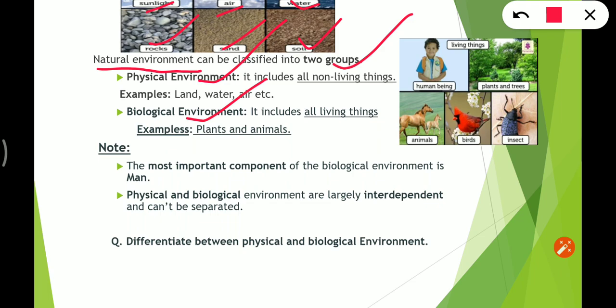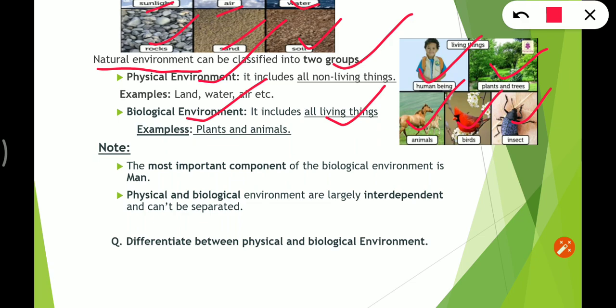These are all non-living things. Biological environment includes all living things: human beings, plants, animals, birds, insects. These are all living things and they are the biological environment.